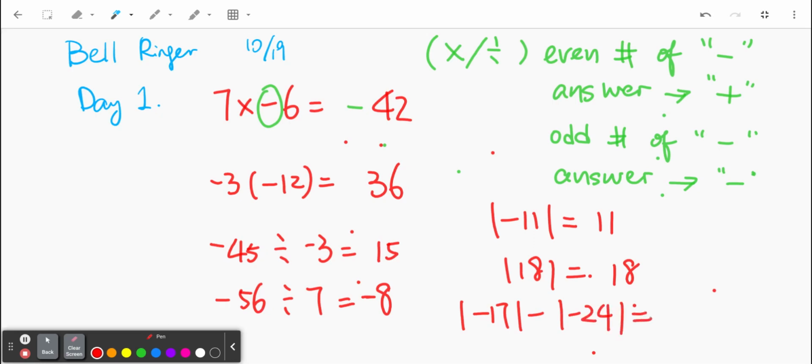All right, so we cannot do the calculation right away. We have to get rid of the absolute sign, or we can deal with the absolute sign first. So, Rose, negative 17 inside the absolute sign become what? 17, just a positive number, right? So 17. So keep the subtract, and then negative 24 inside the absolute sign become, Fabian, what?